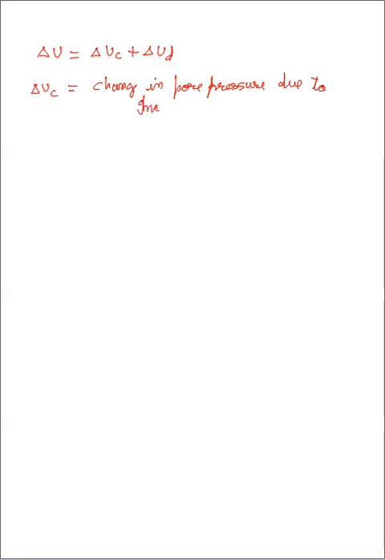Just note down, delta u is equal to delta uc plus delta ud. So delta uc is the change in pore pressure due to increase or rise in cell pressure.